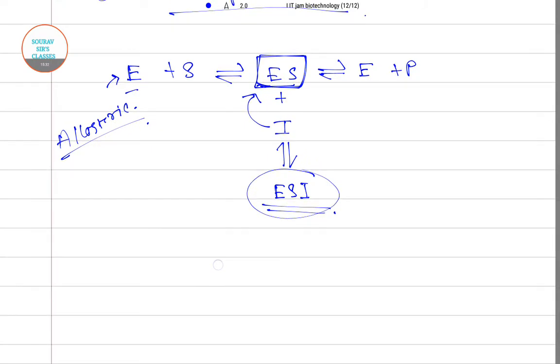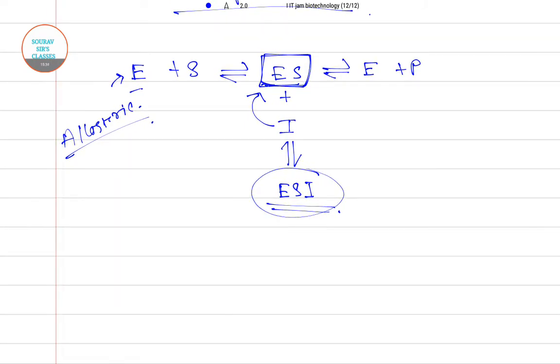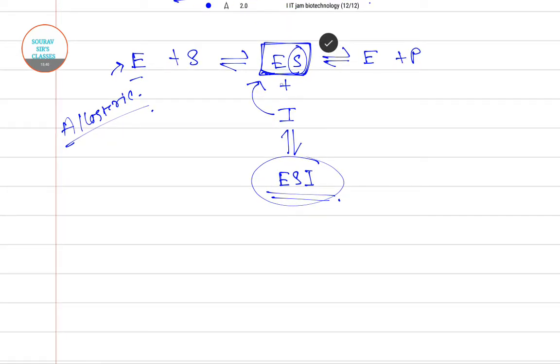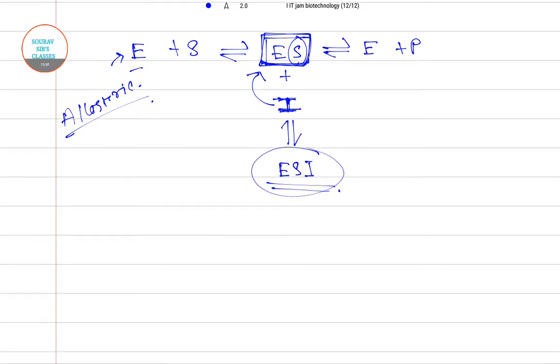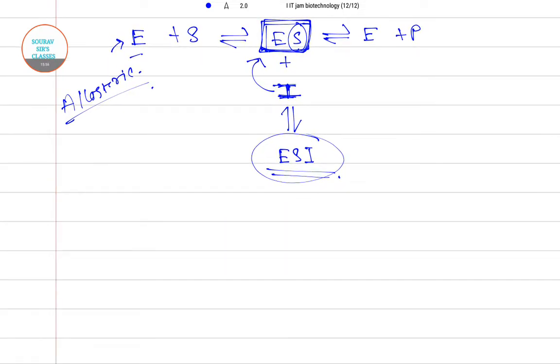Okay, so there is no competition with the substrate over who will go first and sit with the enzyme. First the enzyme-substrate complex will form, and then the inhibitor will go and bind to the ES complex. This is how uncompetitive inhibition takes place in reversible inhibition.